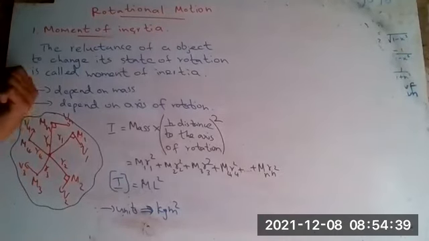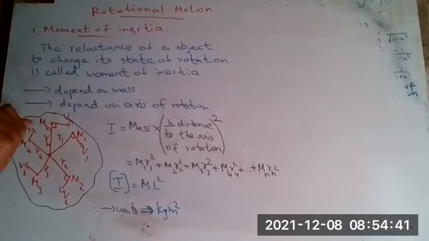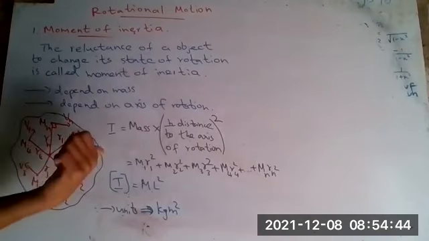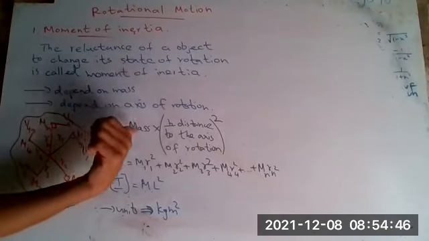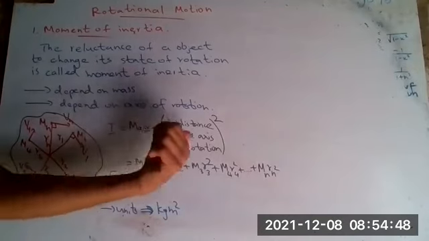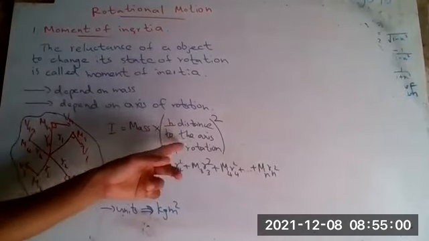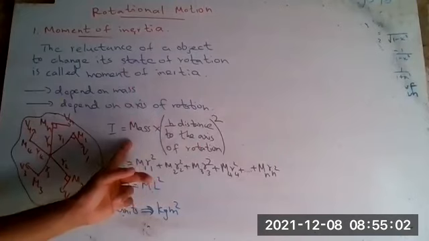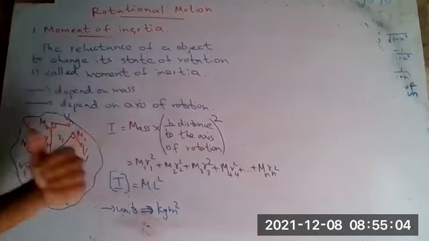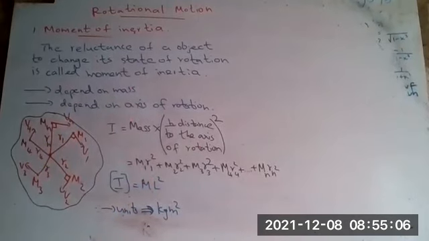Now you can easily understand that the moment of inertia will change according to the mass distribution and the axis of rotation. If the axis of rotation changes, the mass distribution will change, and then the moment of inertia will change.